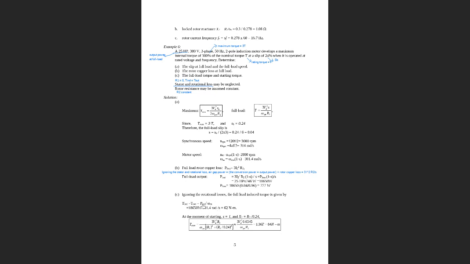The output power is given, and the motor speed has been estimated in part A, so we should use the value in radians per second: 301.4 radians per second. So 18,650 watts over 301.4 radians per second gives an output torque of 62 Newton meters at full load.